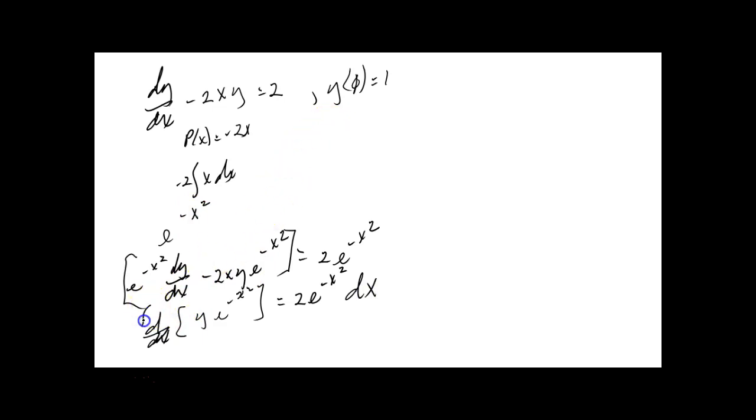And when you integrate both sides, you get y e to the minus x squared is equal to 2 times the integral, but you can't do anything with that, so you could write it all out like that.